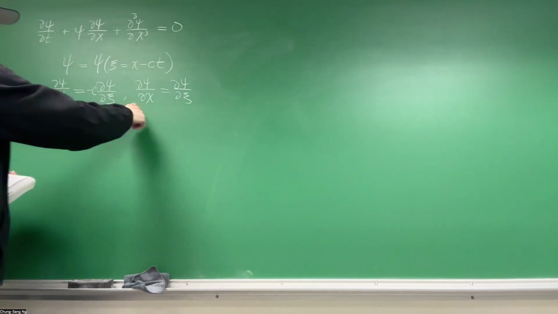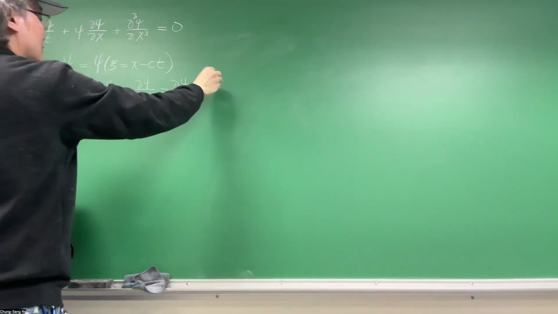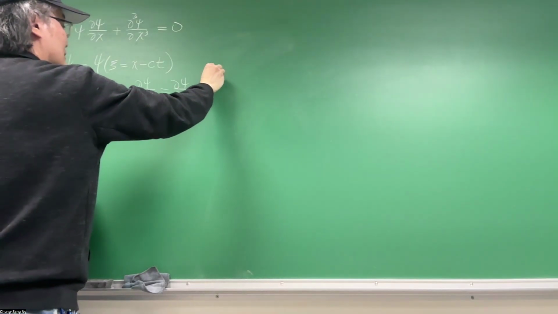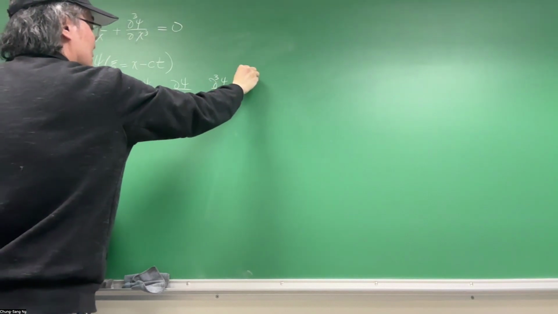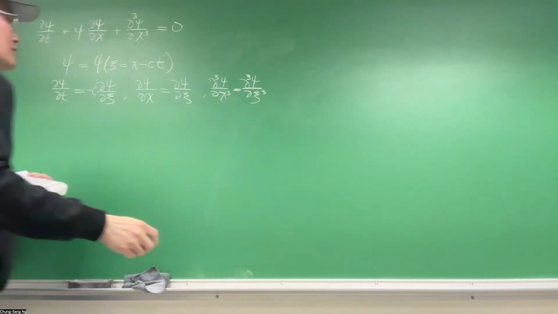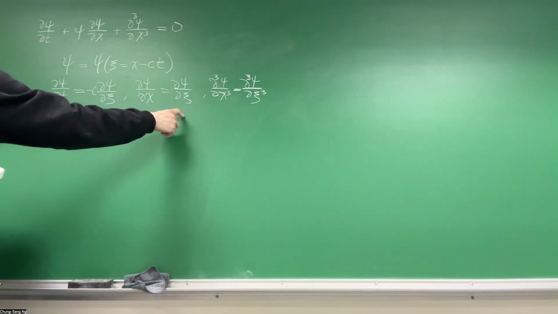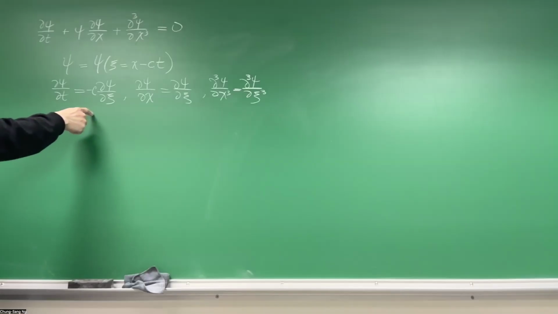So basically the same. The third derivative, you can keep doing that, and partial cubed psi, partial x cubed is just partial cubed psi, partial xi cubed. Then we put everything back into the equation.